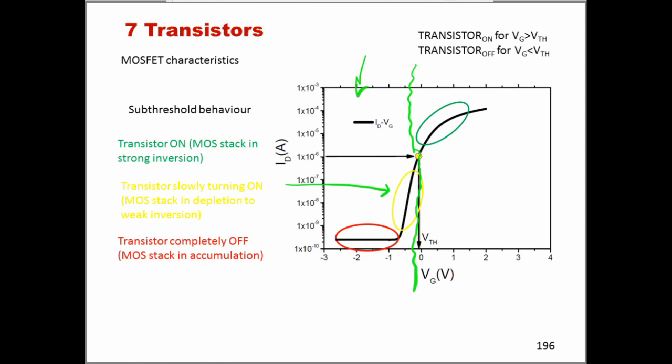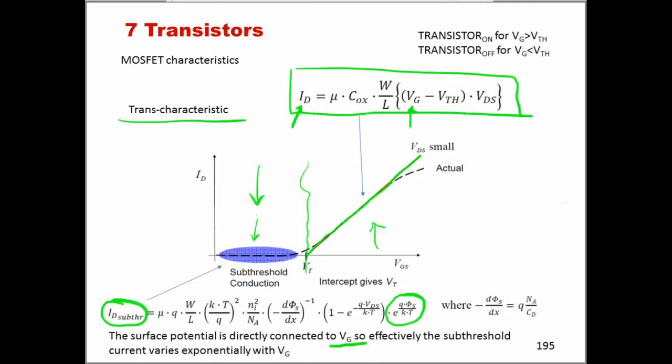Once we go beyond the threshold, then we are in a region where IDS is more or less linearly dependent on Vg. And this was this bit of the curve that we've seen previously here.